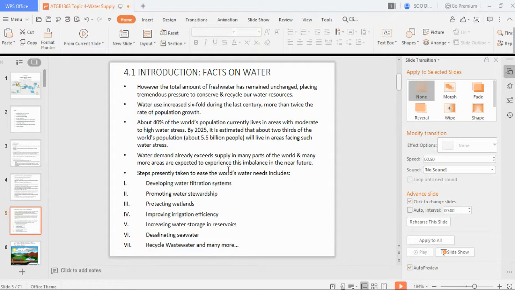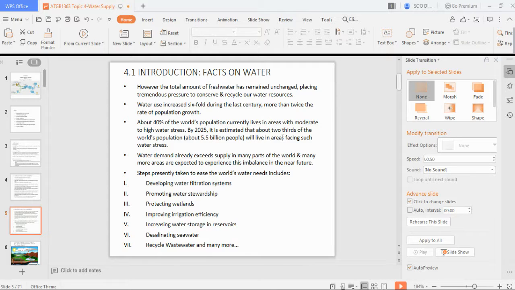I don't think we want to use salt water to wash our body, to shower, or to wash our stuff, because then it will be very sticky. That's why water is important, and the type of water we use is also important. That's a thing lah for us.